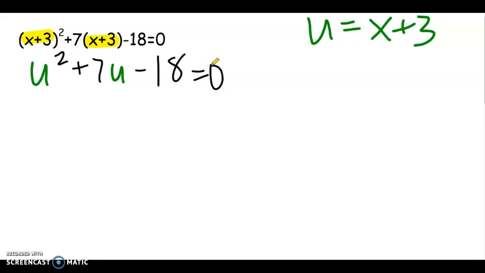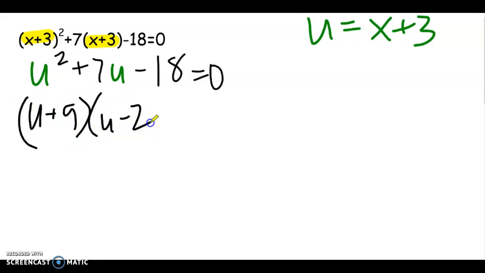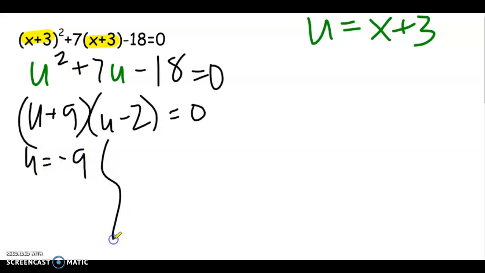Okay, so that breaks into u plus 9, u minus 2. Again, just pause if you're like, what? Just pause it and figure out why I'm right. Okay, so then I know that u equals negative 9 and u equals positive 2.